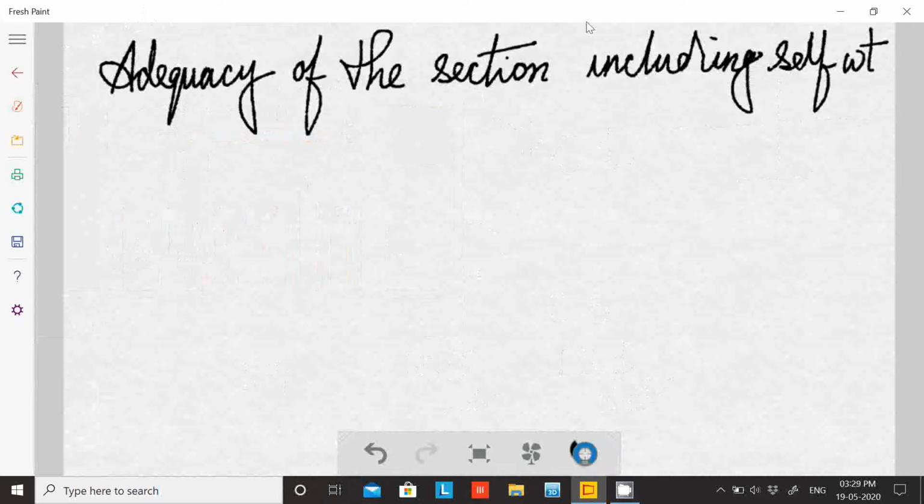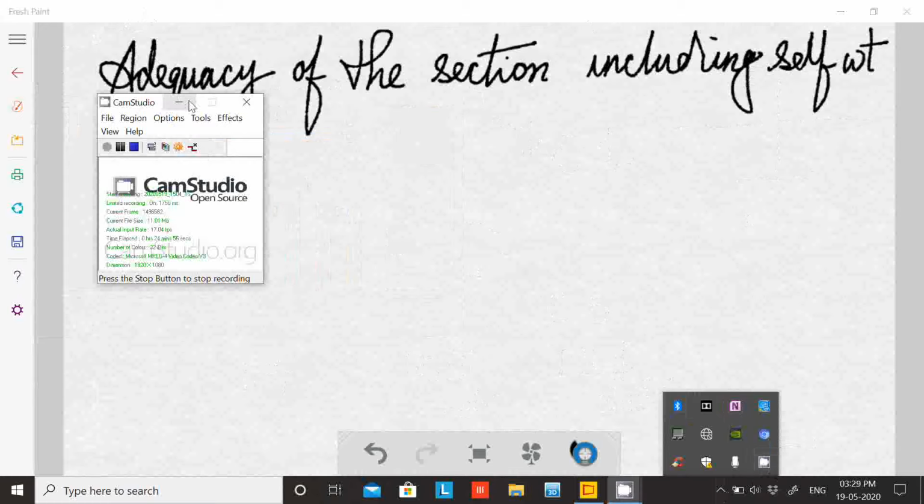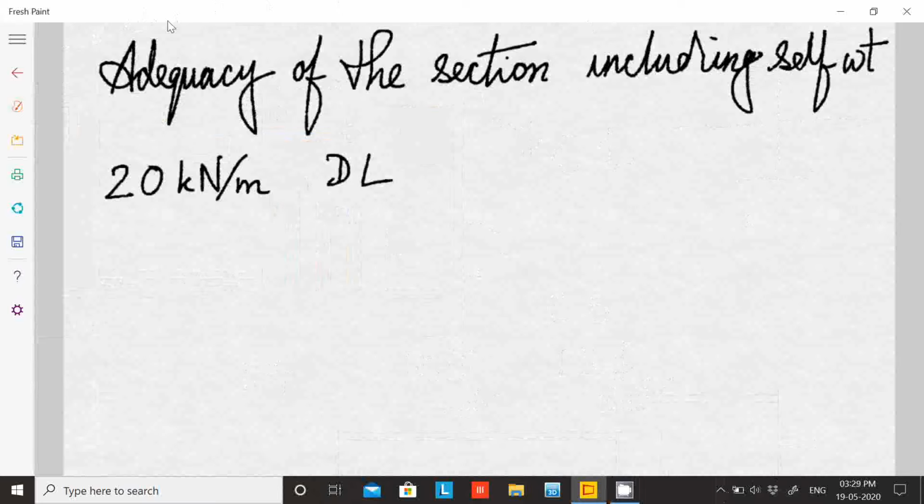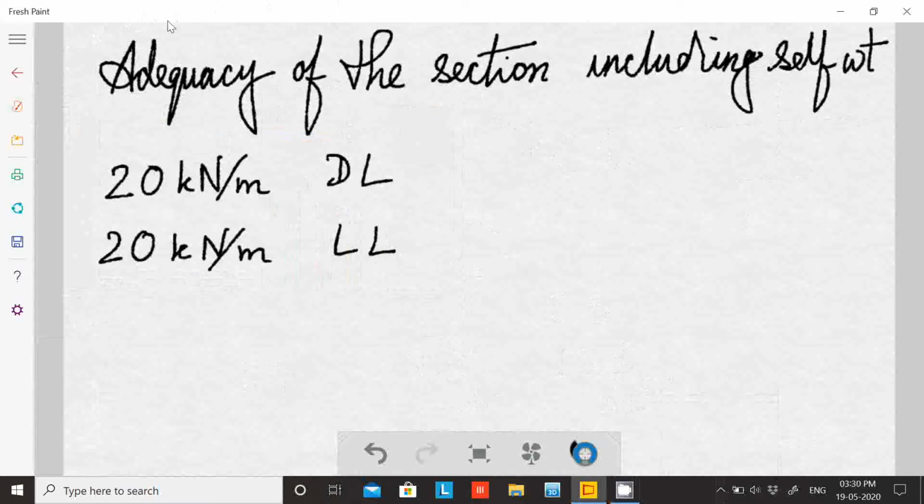Now see, the self-weight was not considered at the very beginning, isn't it? Because we did not have any section at the very beginning. We were just given the load. We are told that there is 20 kilonewton per meter dead load and 20 kilonewton per meter live load. We were not told about any other load, except these two.